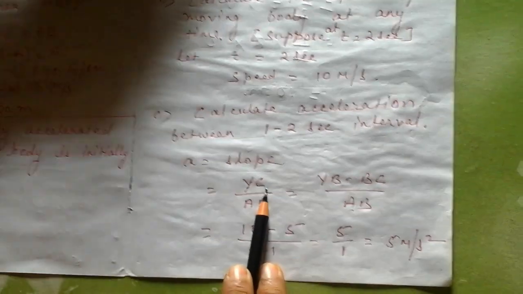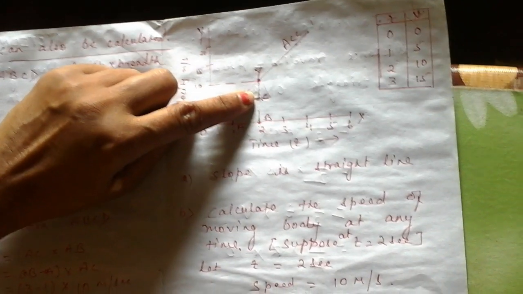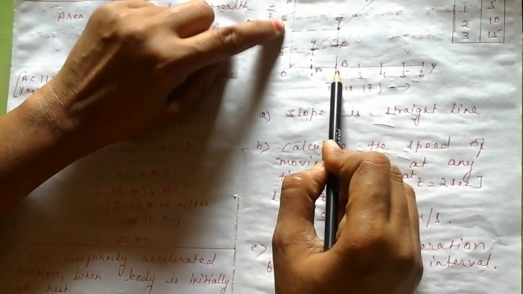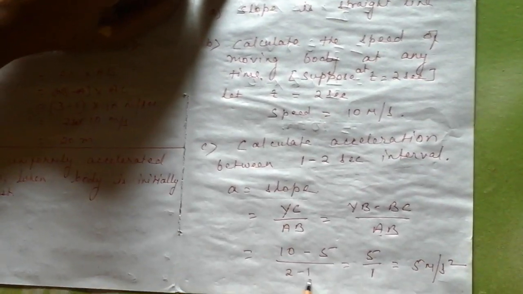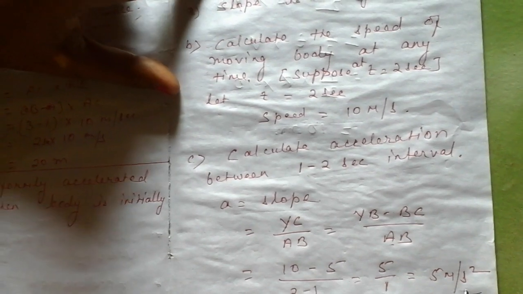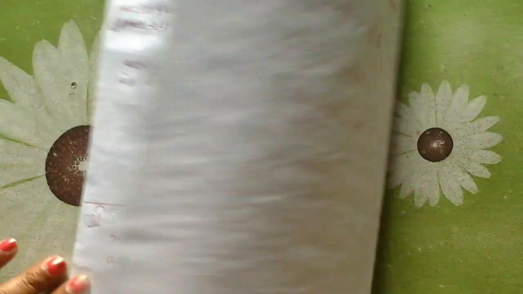YC is YB minus BC, and AB is the time axis. YB is parallel to the y-axis, so it is 10, and BC is 5. So 10 minus 5 by 2 minus 1, that is 5 by 1. We have got the acceleration, 5 meter per second square. Like this we can calculate it.